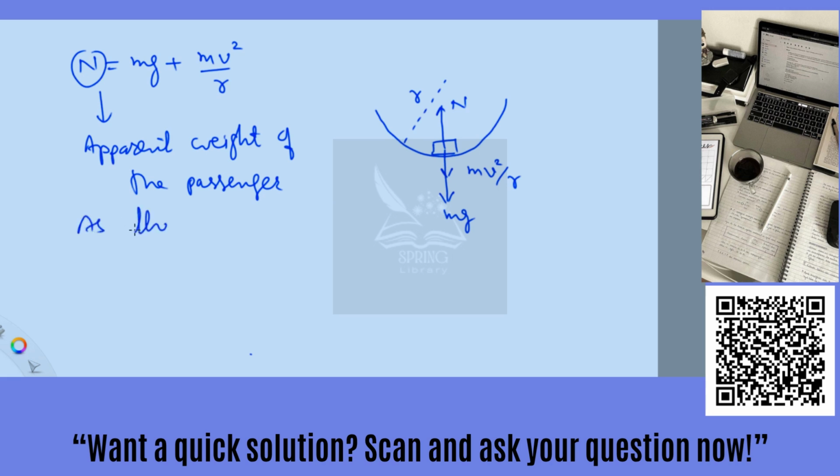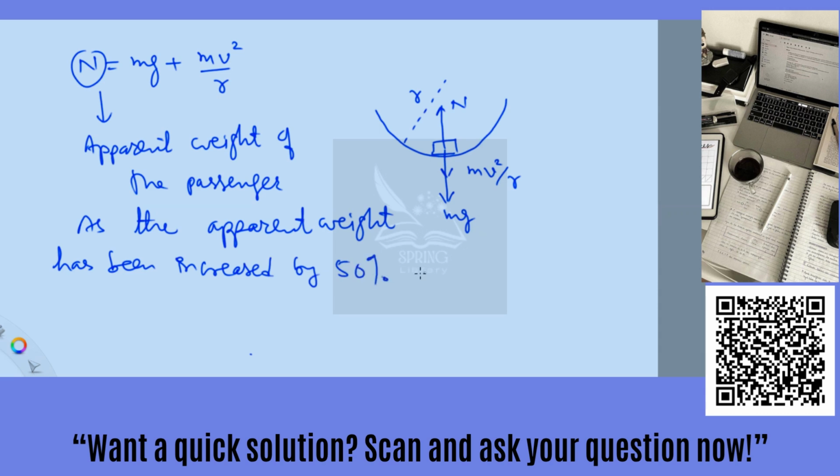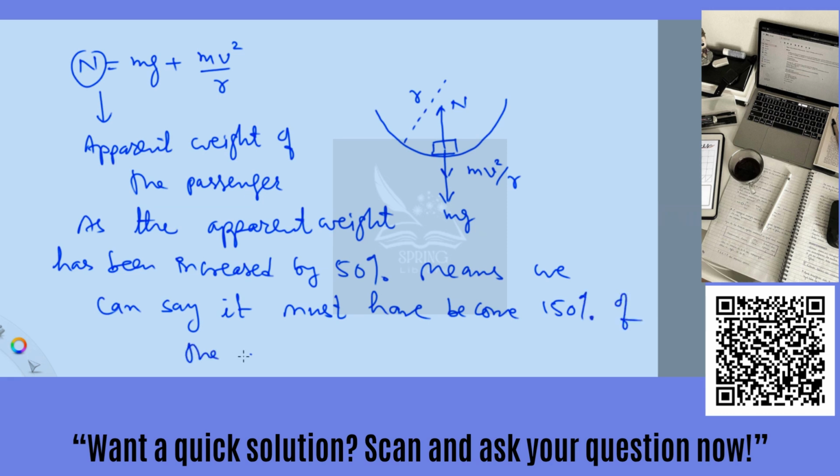So as the apparent weight has been increased by 50% means we can say it must have become 150% of the original weight, which is given by m into g.